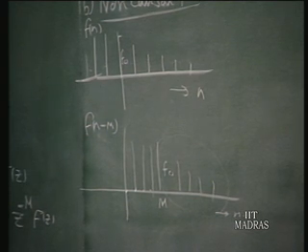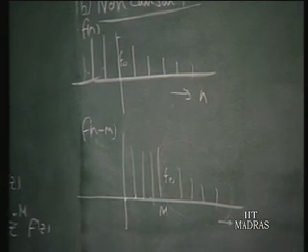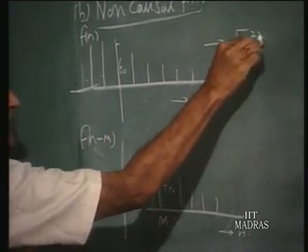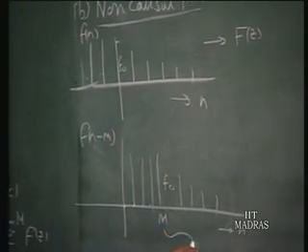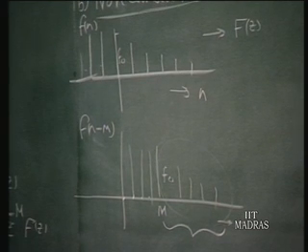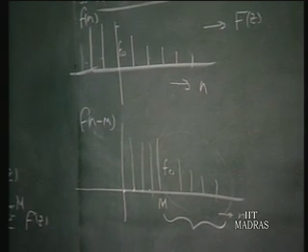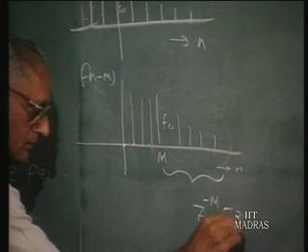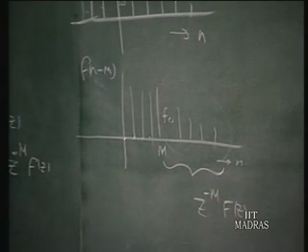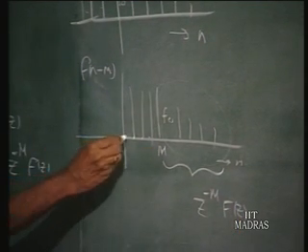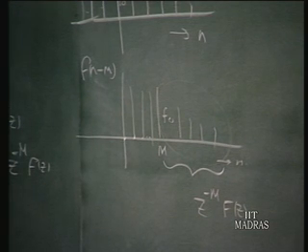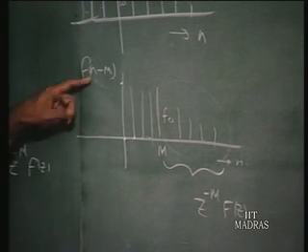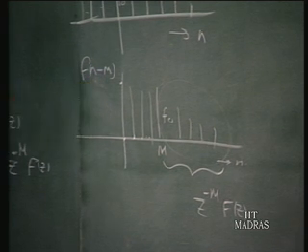By the arguments that we have already advanced in the case of causal signals, this set of samples multiplied by the appropriate power of z will certainly give z power minus m f of z. But in addition you have these samples. They must also be given attention in forming the Z transform of f of n minus m.